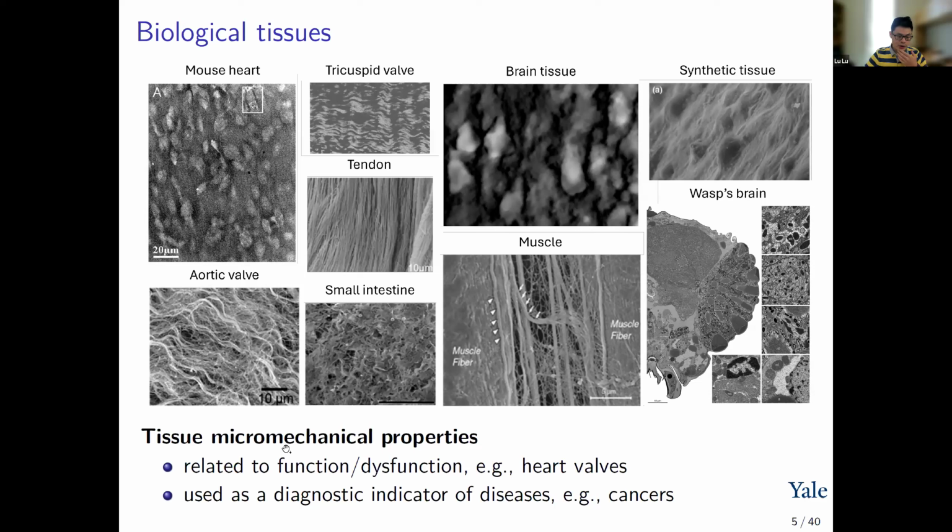All these tissues are very important in many biological applications because we can infer many different properties of underlying diseases or the organs from the tissue properties. For example, the tissue micromechanical properties can be related to the function or dysfunction of heart valves, and can be used as a diagnostic indicator of diseases, for example, cancers.